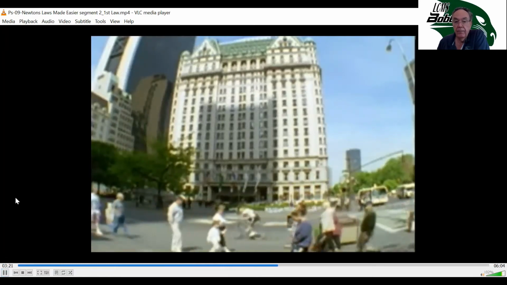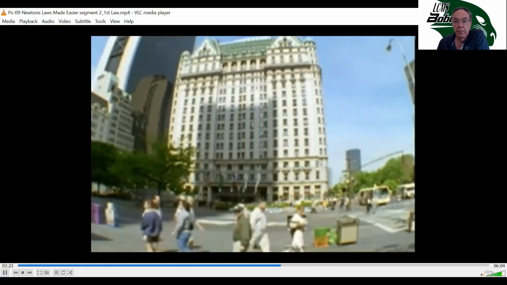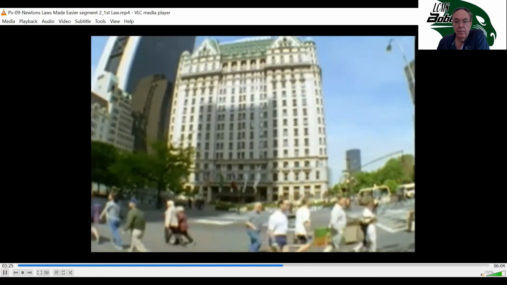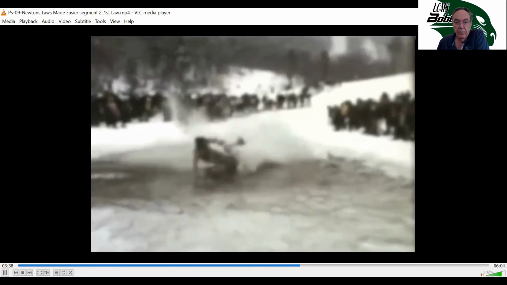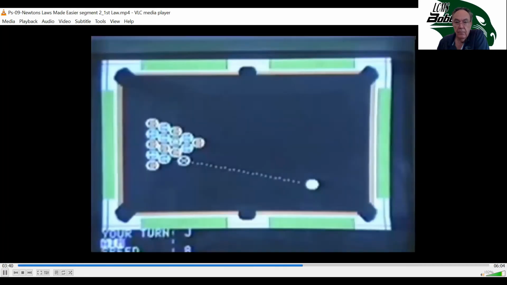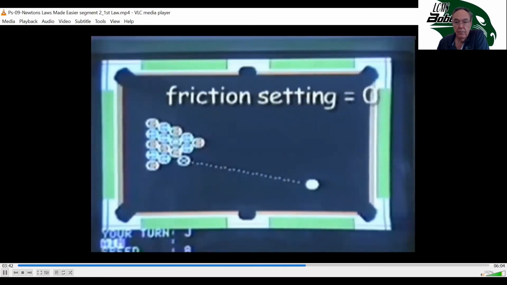For instance, the process of walking or running occurs because of friction between our feet and the ground. Without friction, a person at rest or at a standstill could not get moving. And objects that were moving would not be able to stop because they require friction between their surface and the ground to slow down. Here is a computer game for playing billiards.